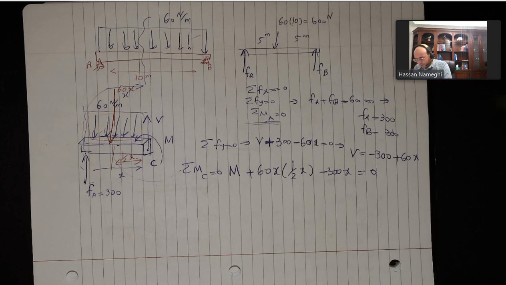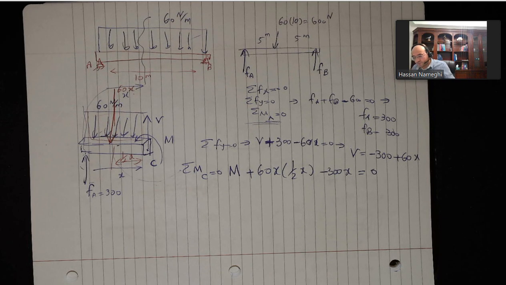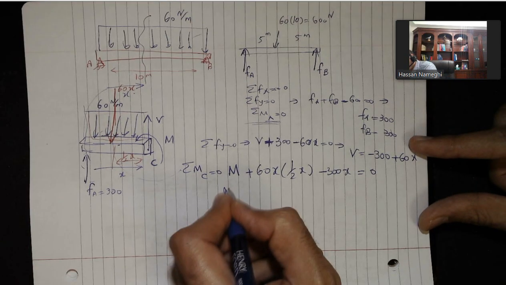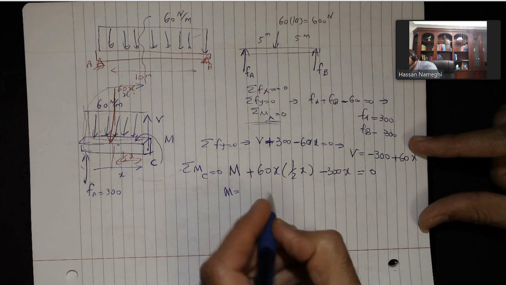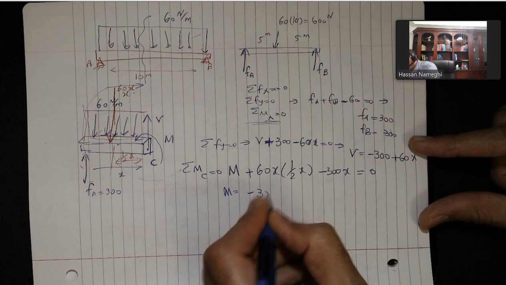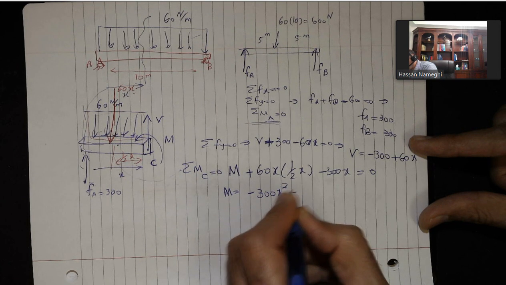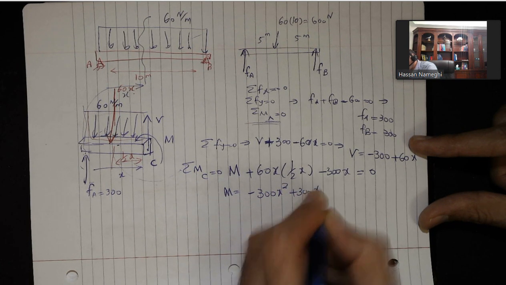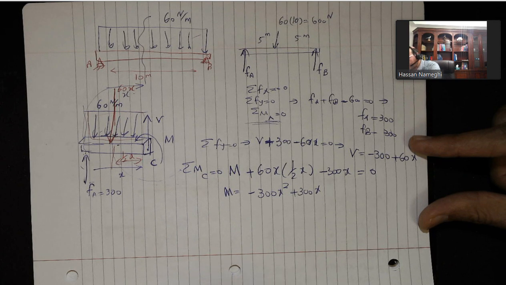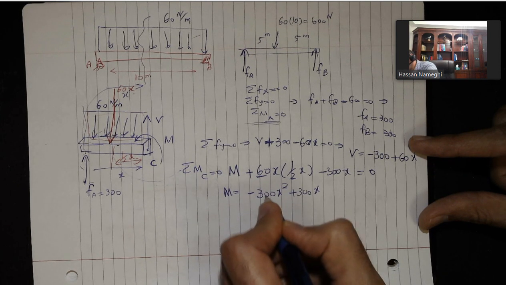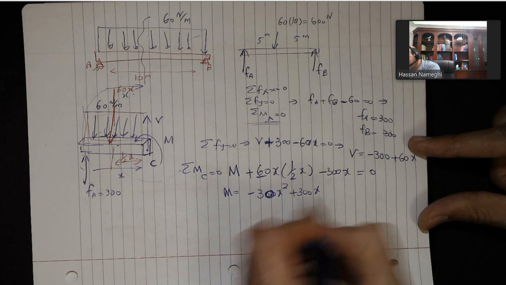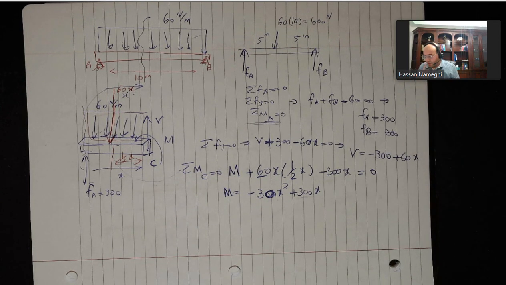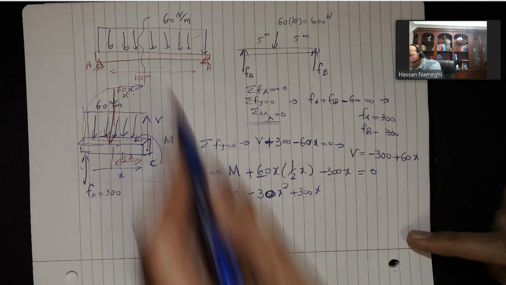So if I simplify this equation, I'm going to get M is equal to minus 30x squared plus 300x. This is 60 divided by 2. Now x will be going from 0 to 10.